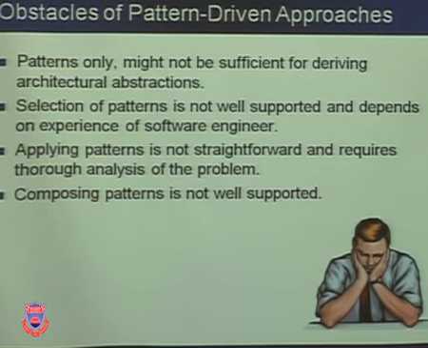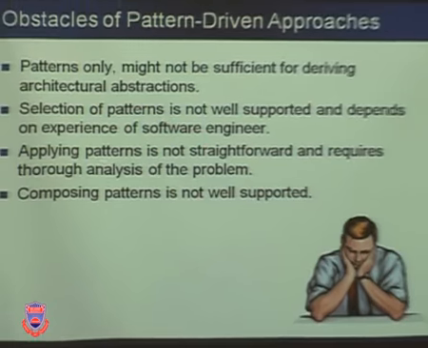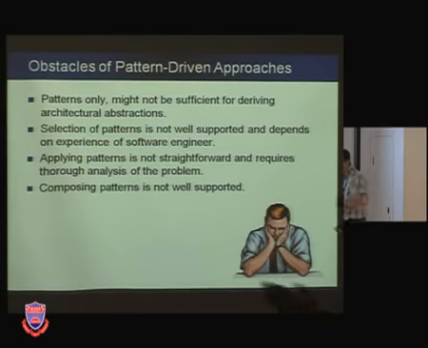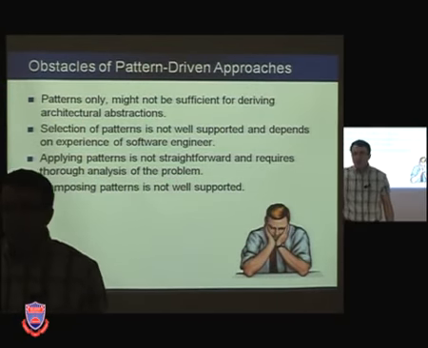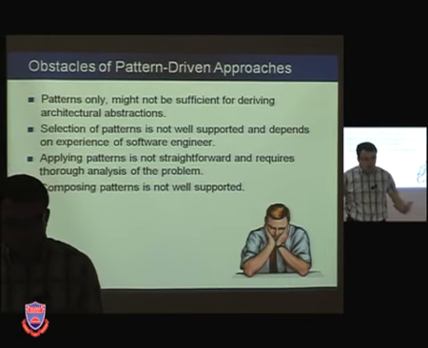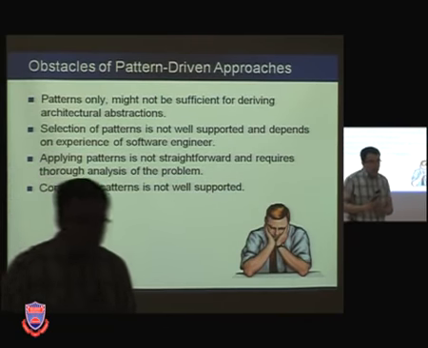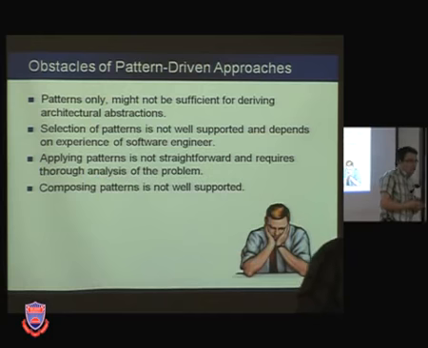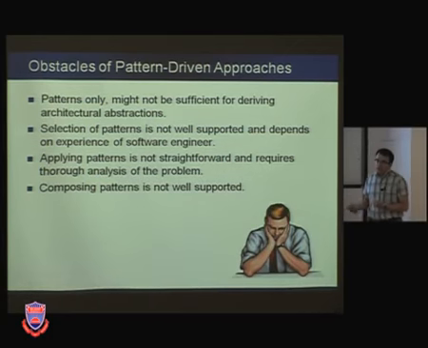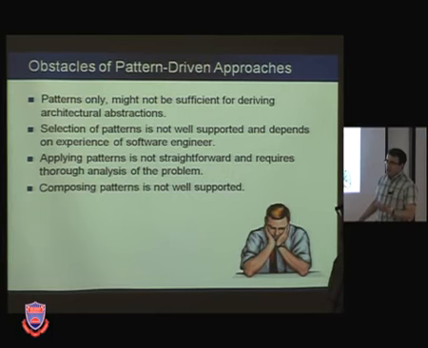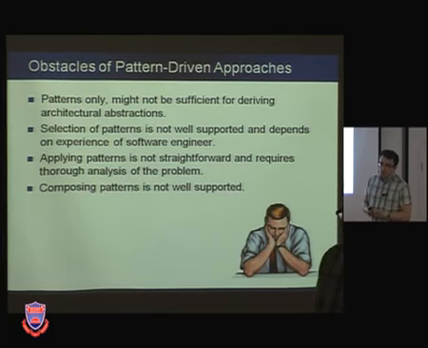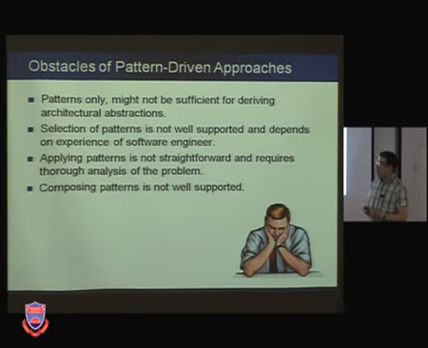Selection of patterns is not easy, nor is composition and application of the patterns. You could identify the patterns, okay, layers pattern, model view controller pattern, but the application is not easy. Composition: you have a layers pattern, you have some MVC pattern in it, client-server. How do you compose them? That is also not well supported.